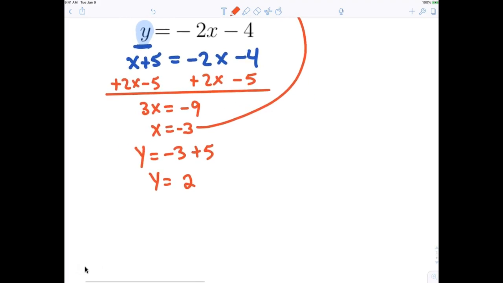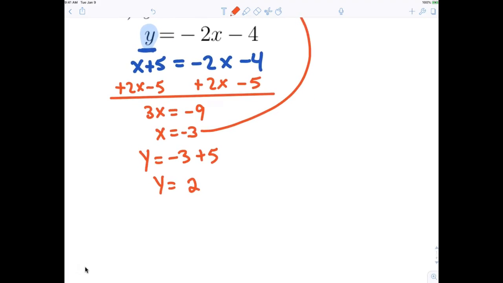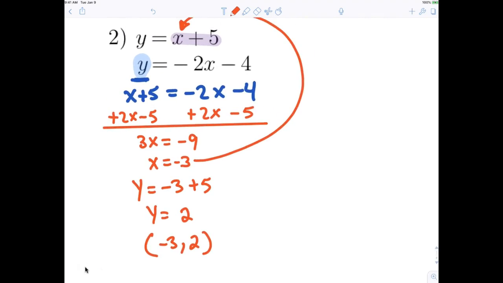Now remember, the answer to a system of equations is an ordered pair. So you have to write the X value first, which is negative 3 comma 2. So if you were to graph these two lines, they would intersect at the point what? Negative 3 comma 2. All right, this is called a substitution because you're substituting in one variable for another. All right, that's why it's called a substitution.